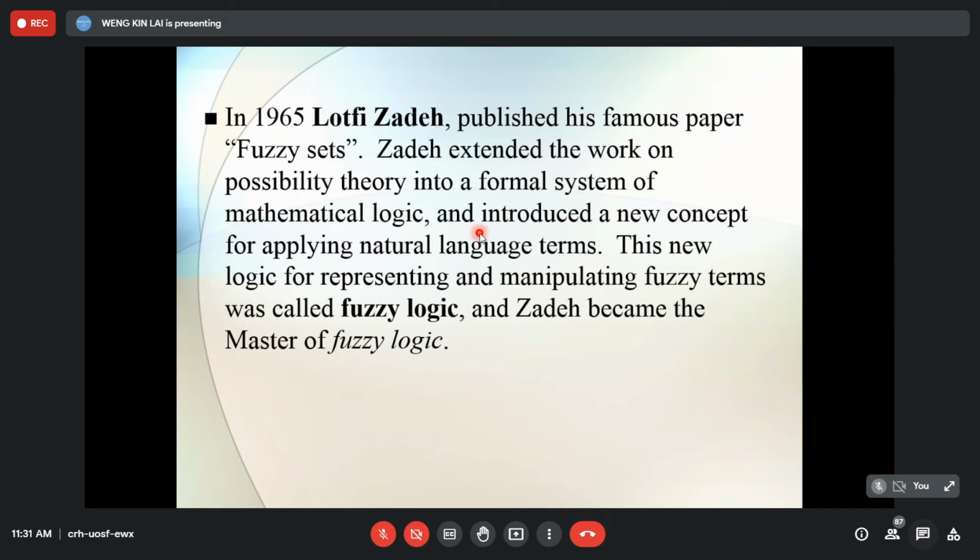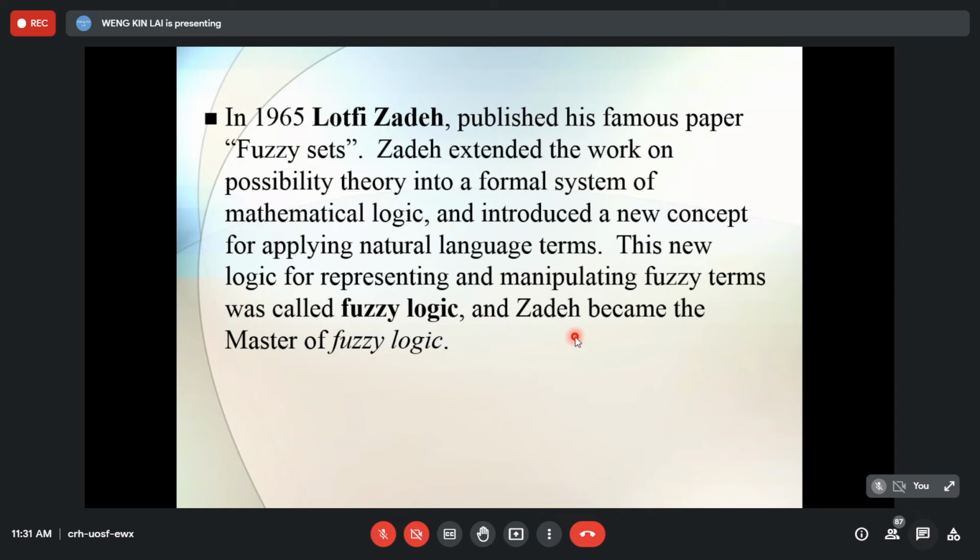He extended the possibility theory into a formal system of mathematical logic, and then introduced a new concept of applying natural language terms that you and I can actually understand. This new logic to represent and also manipulate such fuzzy terms was called fuzzy logic.